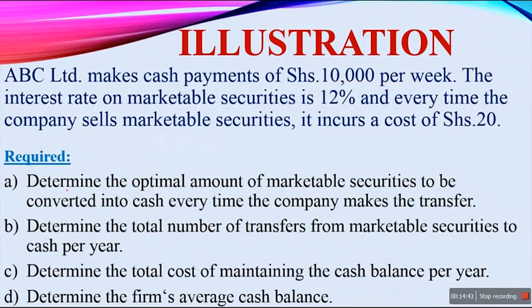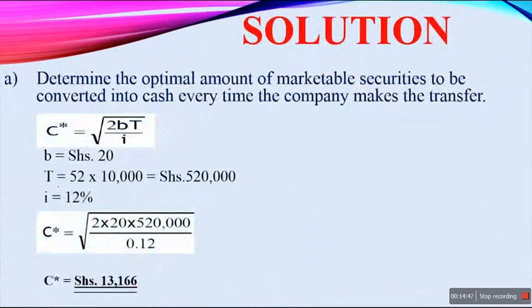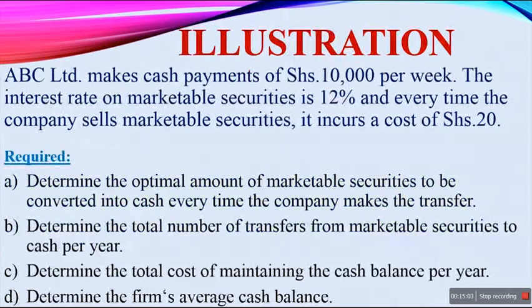That means if they require 10,000 in a week and there are 52 weeks in a year, then they are going to require 52 multiplied by 10,000, which is 520,000 shillings per annum or in a year. The interest we are given is 12%. It's saying that the interest rate on marketable securities is at 12%.